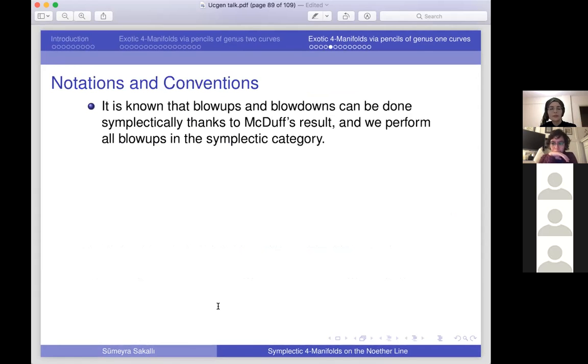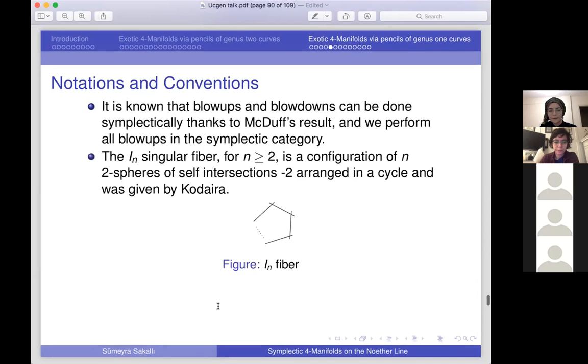First, again, let me give some notations and conventions. As I said, blow-ups and blow-downs can be done symplectically, thanks to McDuff. And again, I do all blow-ups in the symplectic category. And another notation that I should mention, the I_n singular fibers. These are called necklace type singularities, for n at least 2.